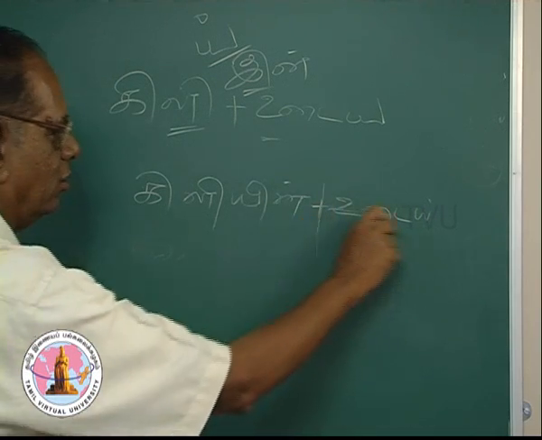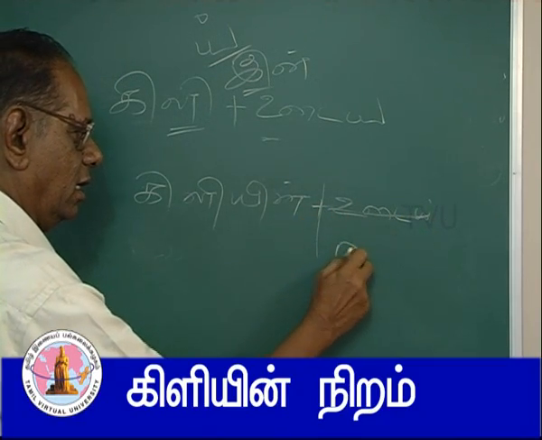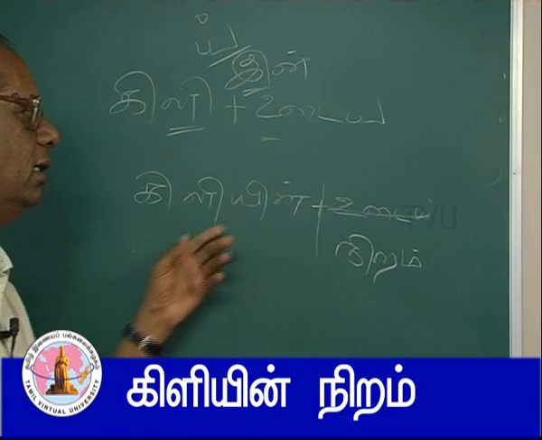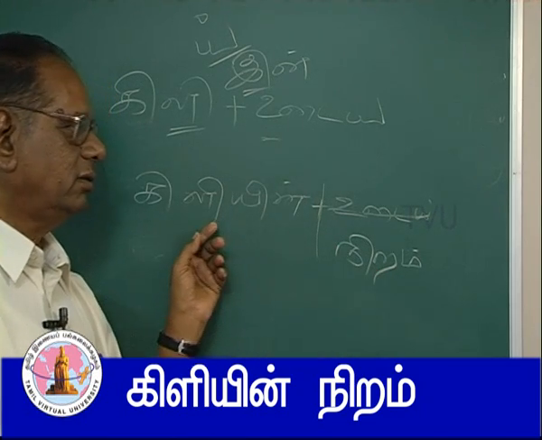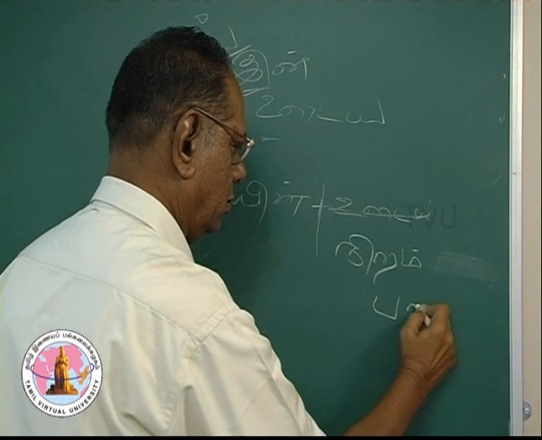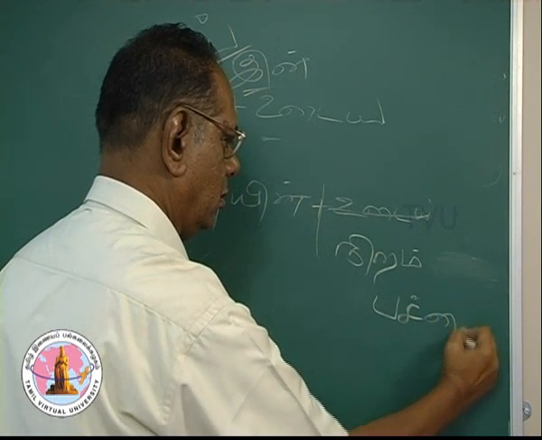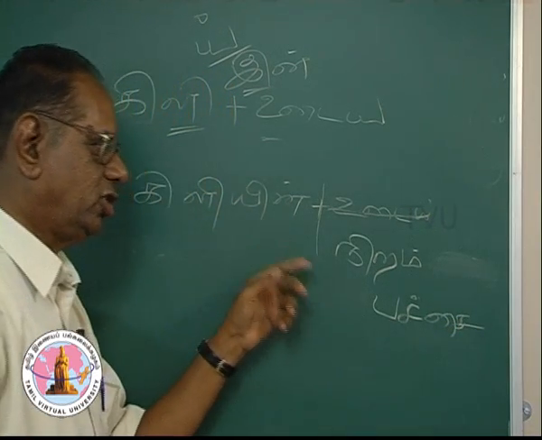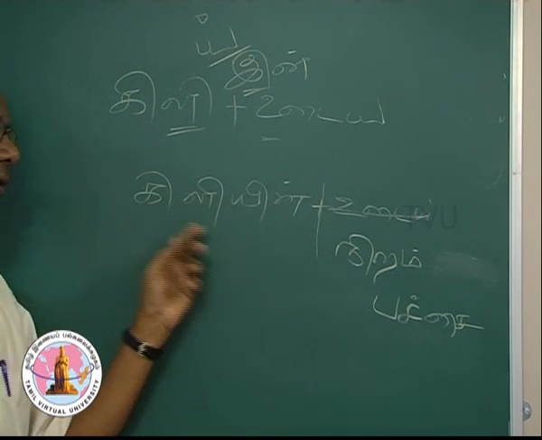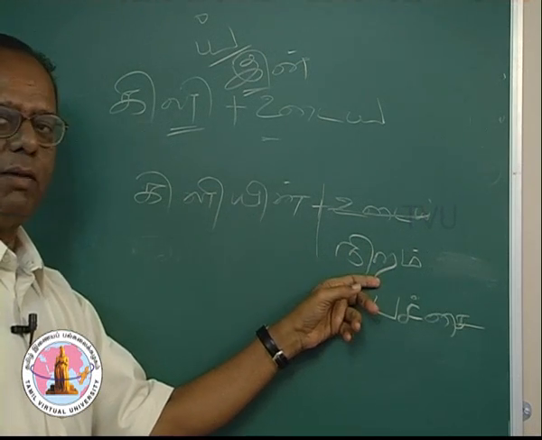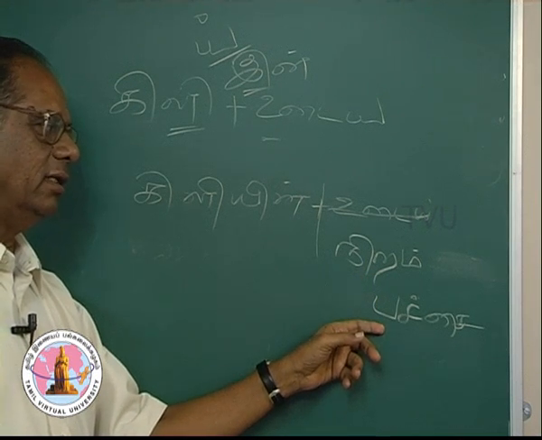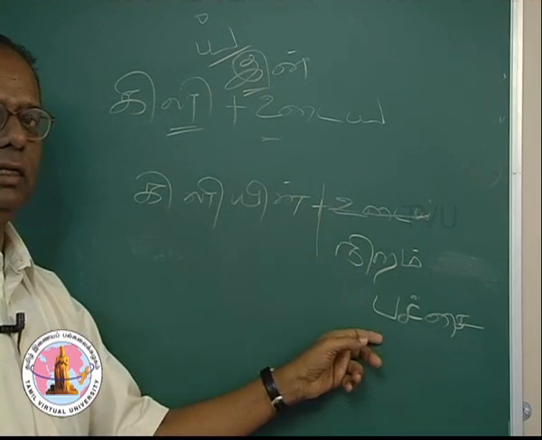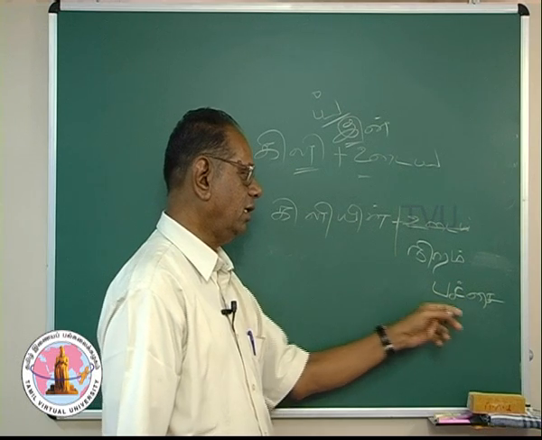You can forget it and say Kiliyin Niram, the color of the parrot. Kiliyin Niram Pachai, Kili parrot, Kiliyin of the parrot, Niram color, Pachai green. The color of the parrot is green.